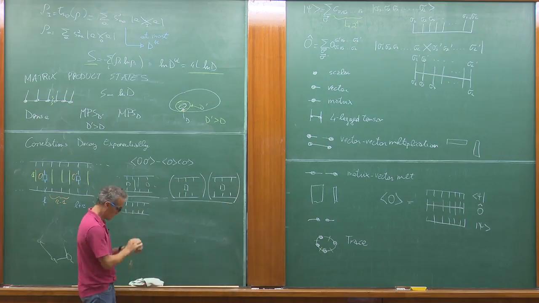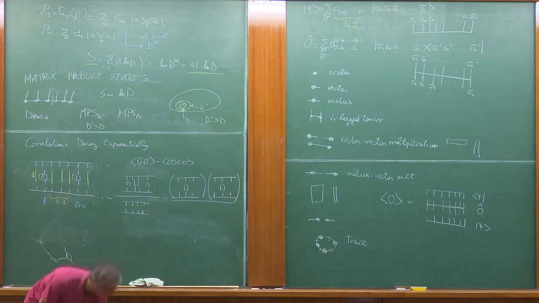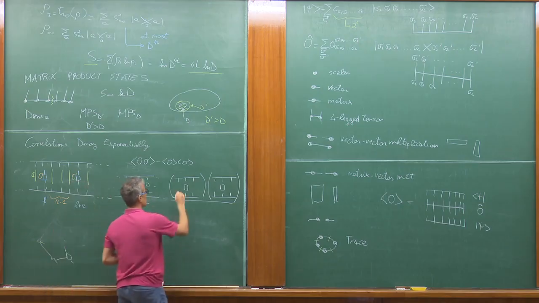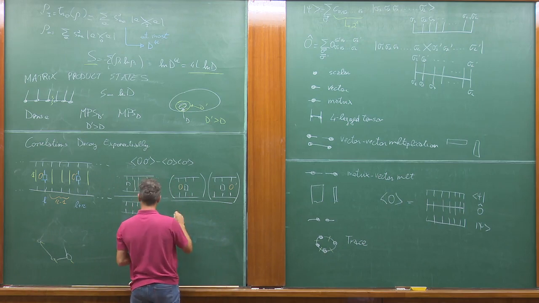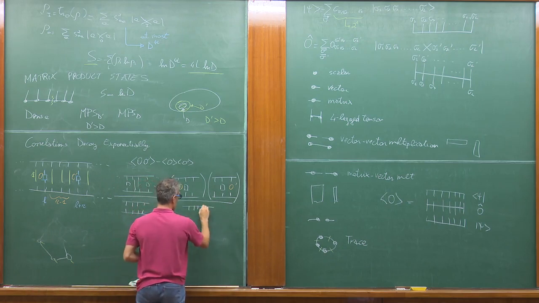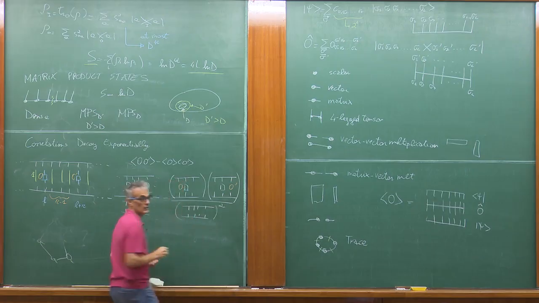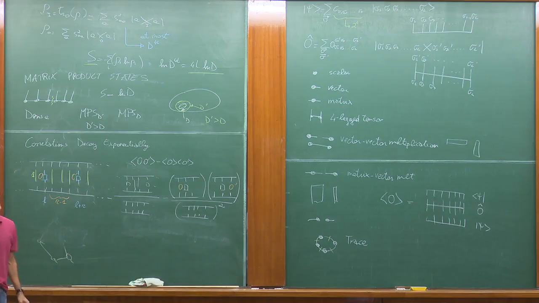So this is the operator expectation value for operator O, and for operator O prime, but I need to divide by the norm to make sure that I'm doing things right. Those are local operators, yes. But I have two of them, and they can be quite far apart.